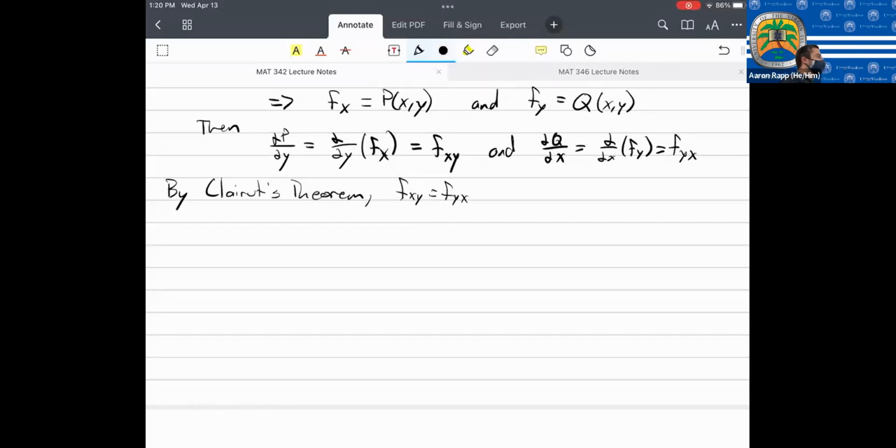Clairaut's theorem, it doesn't matter which way I do those partial derivatives, they're going to come out to be the same answer. But that partial derivative is the partial of P with respect to y, the partial of Q with respect to x.